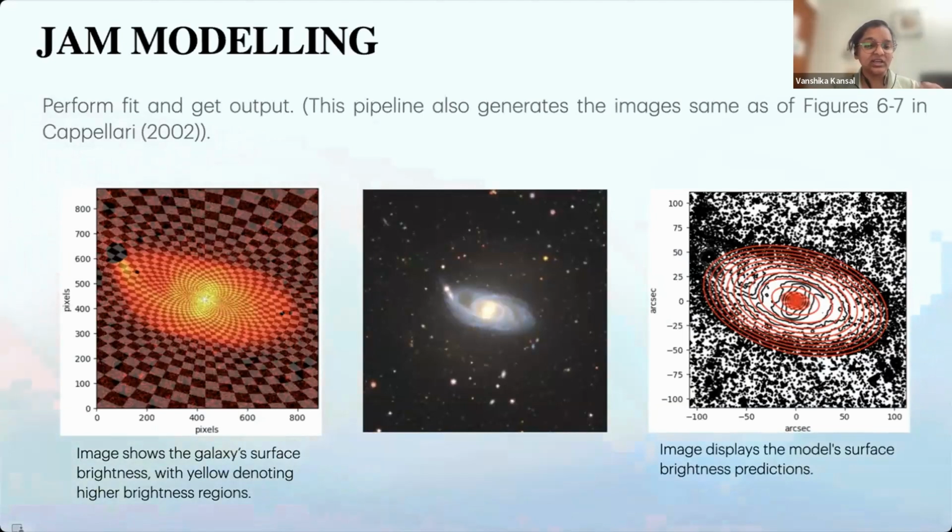You can see on the left-hand side that the galaxy is shown, and yellow denotes the higher brightness region. In the center, I just gave the image of NGC 151, so you can see how the image looks and what we are getting. On the right-hand side, it gives the model that has helped us predict the brightness of this galaxy.